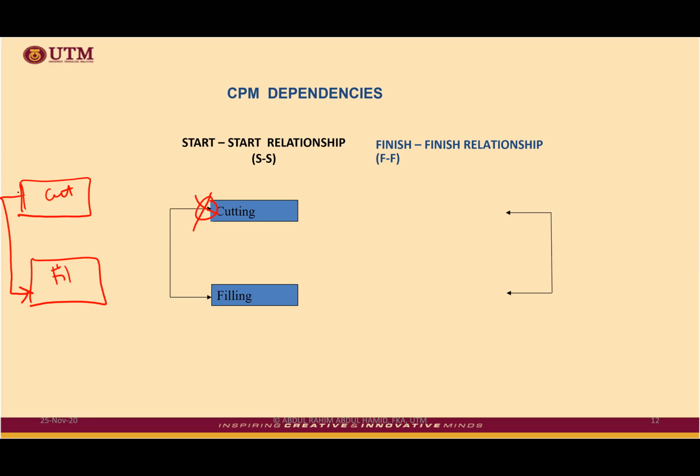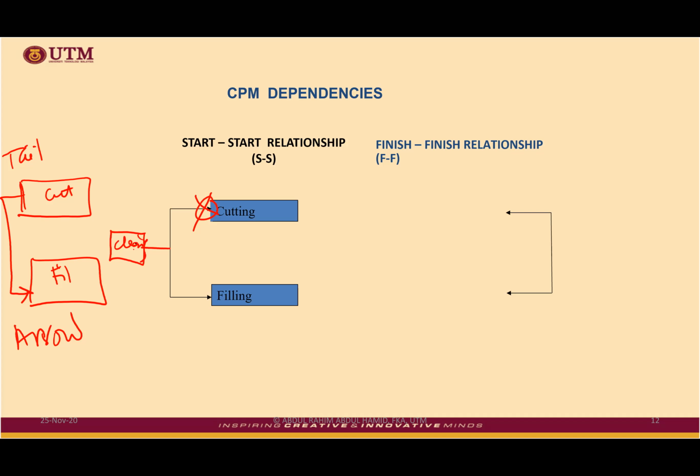In terms of arrows, there must be a tail and an arrowhead. So two arrowheads could be confusing. But if you connect from another activity, then it is correct. Let's say the activity clearing.